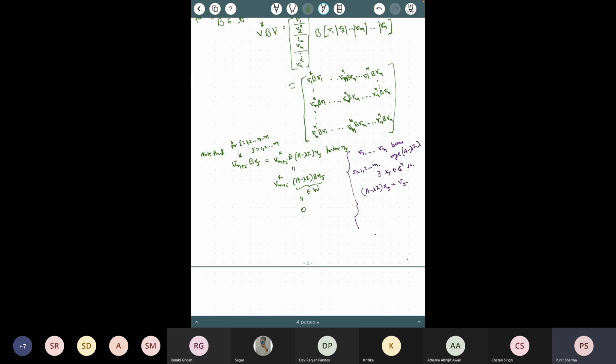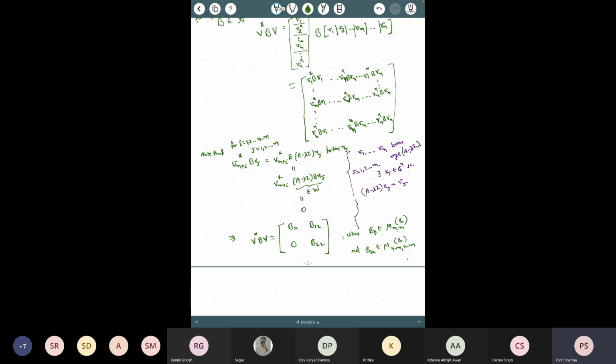This implies that V star BV would be of the form B11, B12, 0 and B22, so it would be block upper triangular, where B11 is an m cross m matrix, and B22 would be an n minus m cross n minus m matrix. Okay, fine. So far I think there should not be any problem.